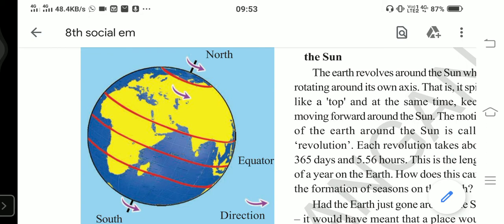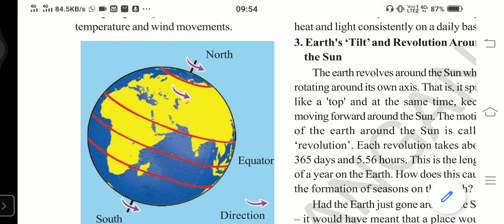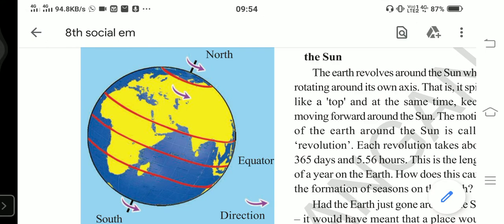Beyond this limit, that is the Tropic of Cancer and Tropic of Capricorn, beyond these two latitudes, sun rays fall diagonally, not straight. Over the head, sun rays do not fall. Right? Diagonally, sun rays fall after the Tropic of Cancer and Tropic of Capricorn.